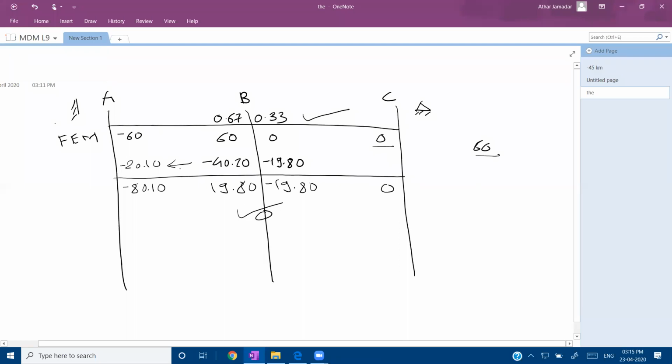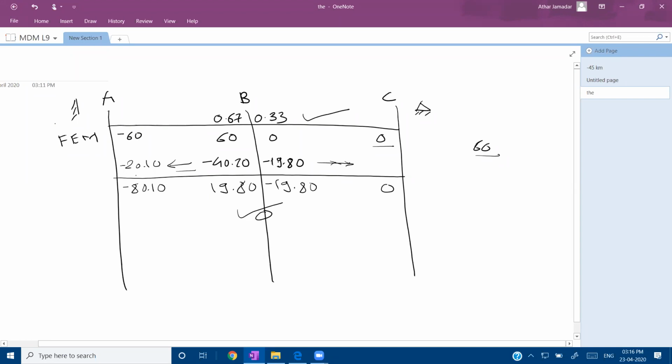Now for this correction, we have to see whether it should be carried over to the near support or not. In case of BA, A is the fixed support, therefore we have to carry over half of this BA correction to A support. But in case of BC, C is end simple support, therefore we do not do any carryover of this correction for BC to support C. Now we will take vertical summation.